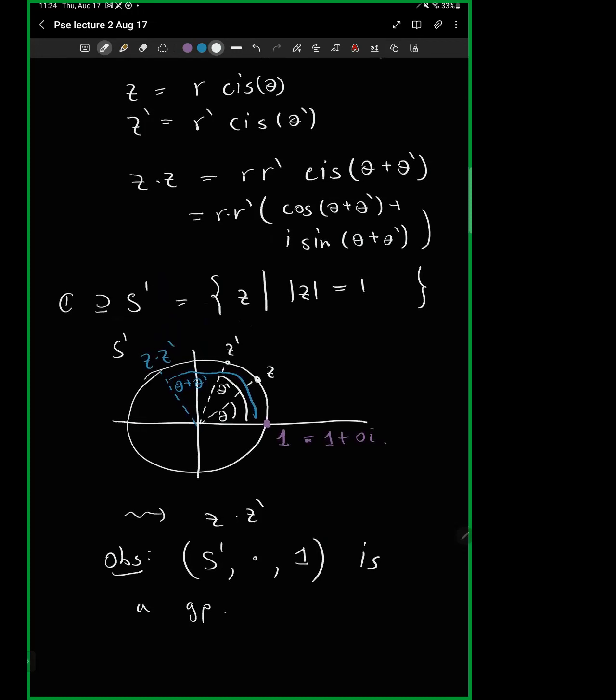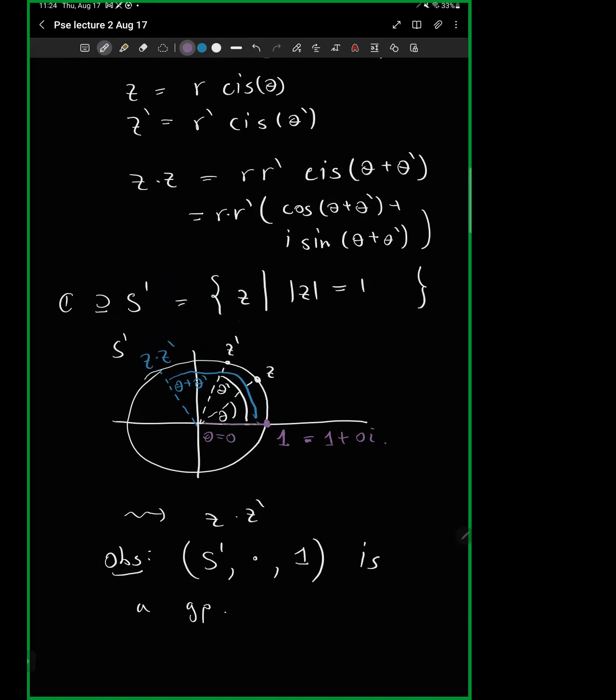Of course, the unit element 1 has angle 0. So if I multiply the unit element with any other element, I get this other element. So the unit element is neutral, indeed.